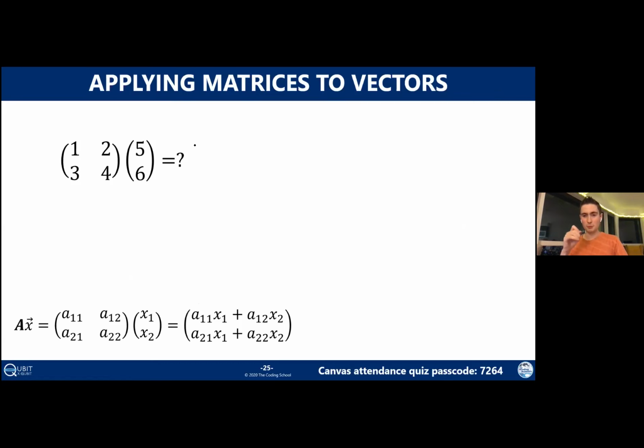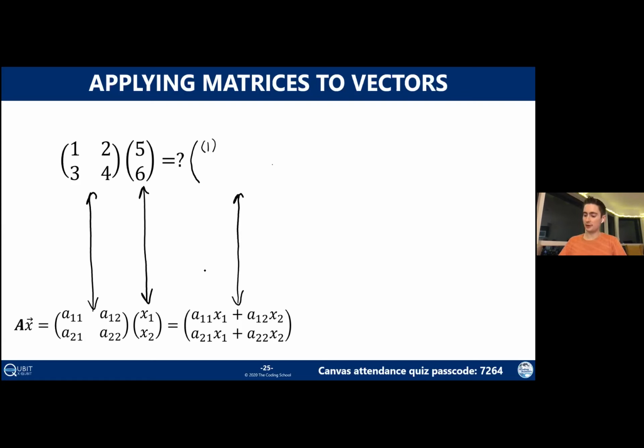So for example, for inner product, you always take the product of the rows and add them up. There's a similar kind of idea here. But for now, I'm just going to use the formula. So I have a matrix, which is this thing, times a vector, which is this thing. And now I'm going to fill in, just by the formula, what that should be. So A11 in this case is 1.